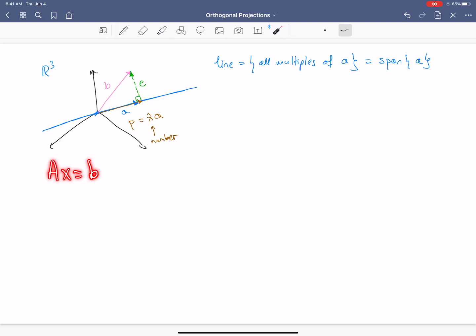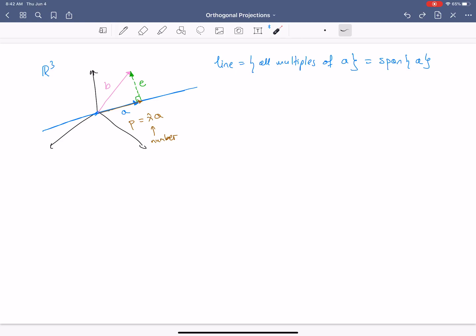The closest thing to solving the system would be to say AX hat equals P, because P is going to be in the column space of A. The second system will have a solution which will only approximate the previous one. It will not solve it exactly, but it will approximate it. Again, we'll talk about that tomorrow. But the point is that the error E measures our mistake in using P instead of B. So that's why we label it an error term.